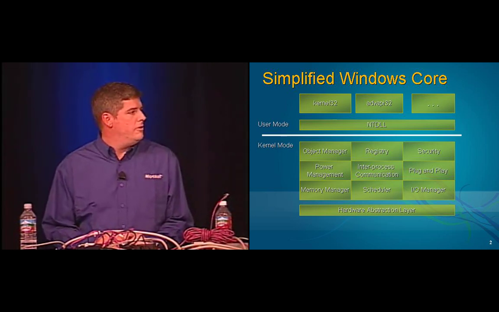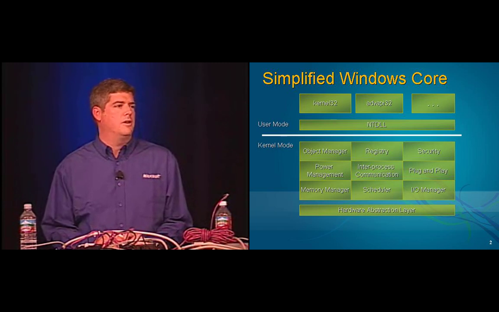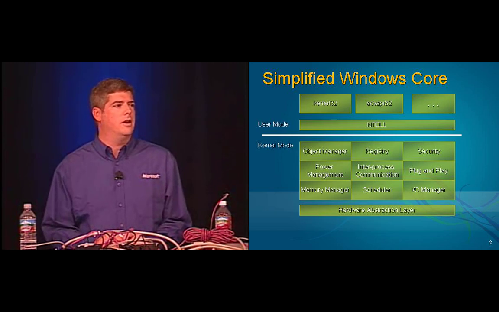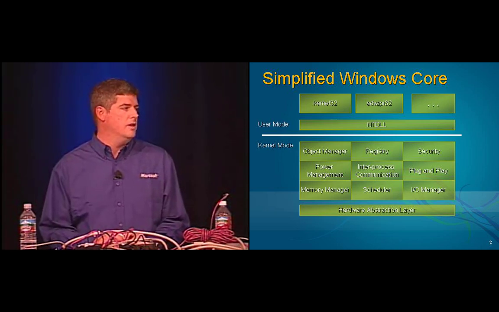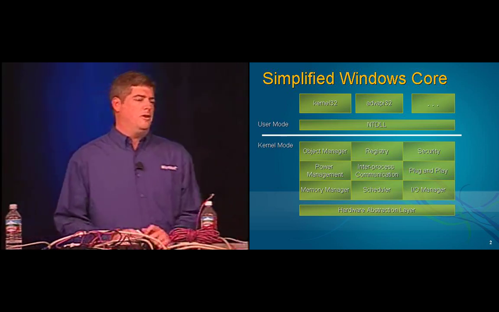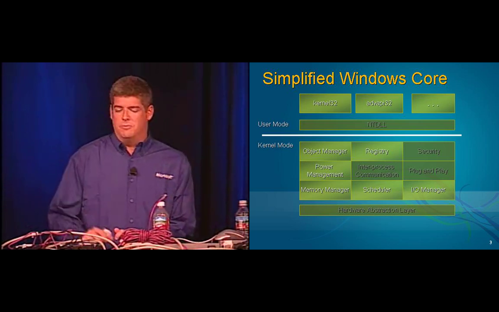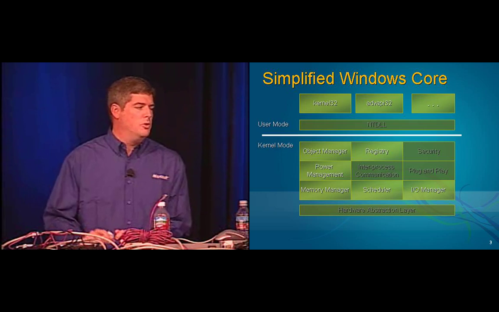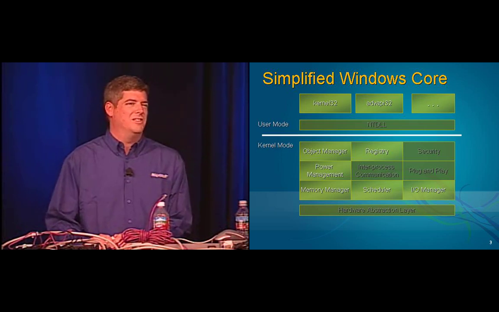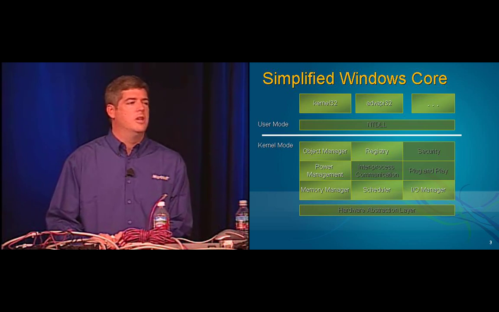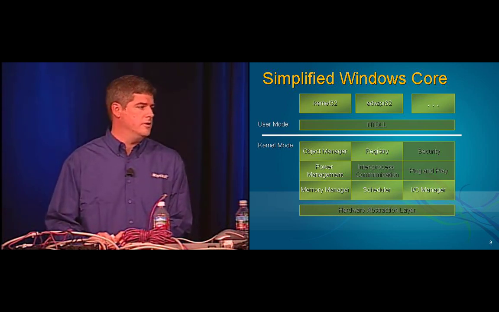And the kernel is broken up into various functional areas: object manager, security, plug and play, IO manager, all sorts of areas. We're not going to be able to talk about all that today because that's a really big topic. The security guys have done some really cool work in the reference monitor, but you hopefully have gone to one of the user account protection talks to learn about the integrity levels and things like that that are being added to the system.